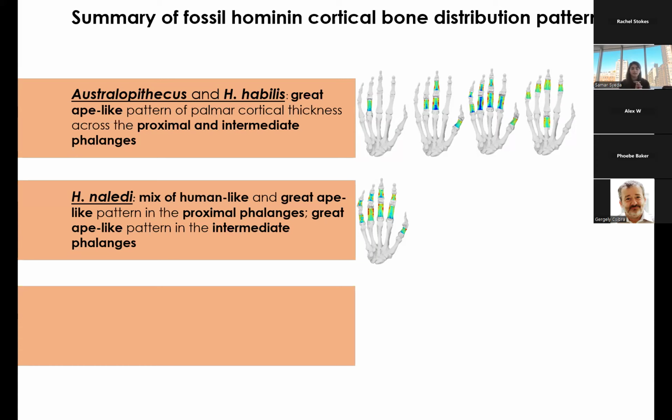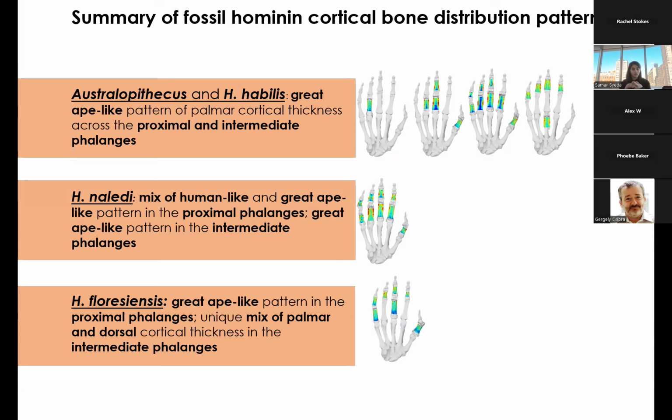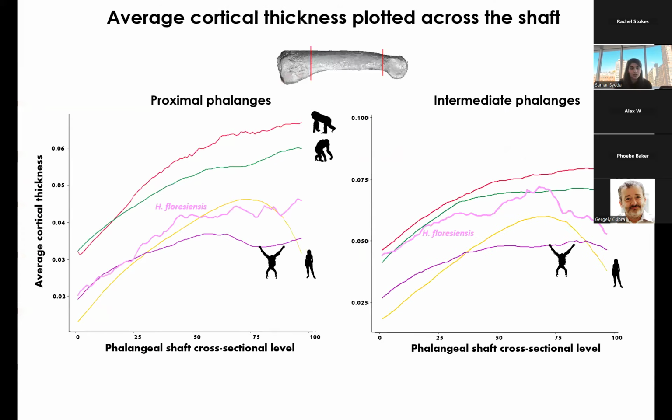And Homo floresiensis is also showing a great ape-like pattern in the proximal phalanges, but the intermediate phalanges are quite unique, and they just have a really patched pattern of palmar and dorsal cortical thickness. I think I'm running out of time, so I'm going to just skip that slide.